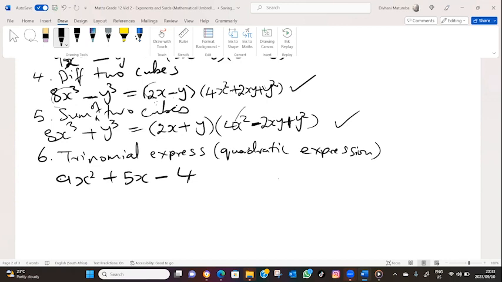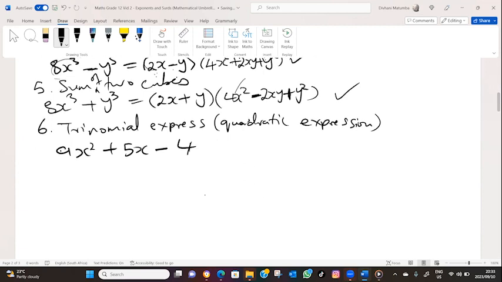There's many ways of factorizing these types of expression. However, I'm not going to waste your time. I'm going to simplify everything so that even the person who does not know how to factorize will be able to factorize. I just use a formula to factorize, the formula of roots.